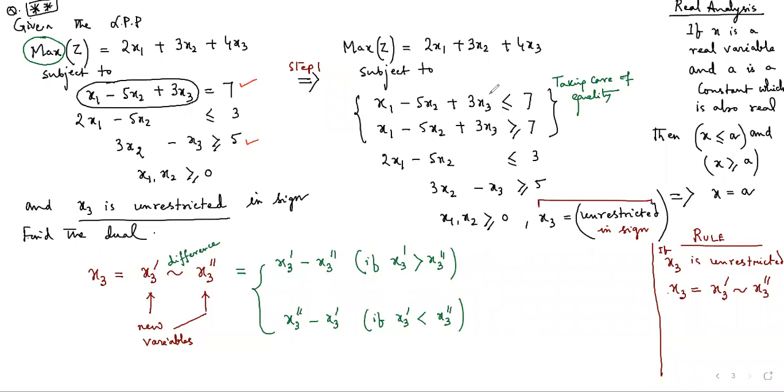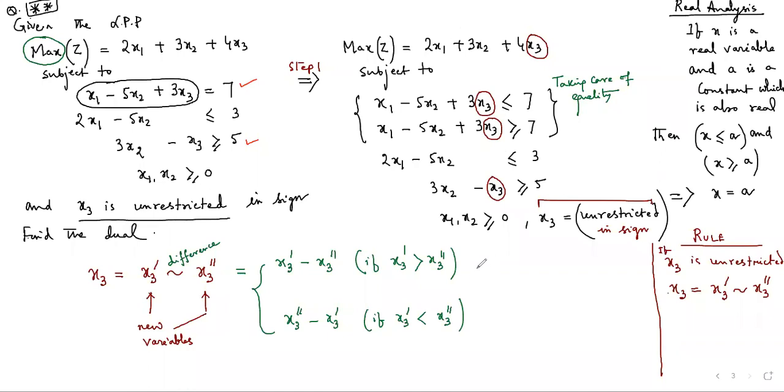So what we are going to do is replace every x3 present over here. How many x3s are there? One x3 is present here, another x3 is present here, another x3 is present here. All the x3s will be replaced by the difference of two variables.